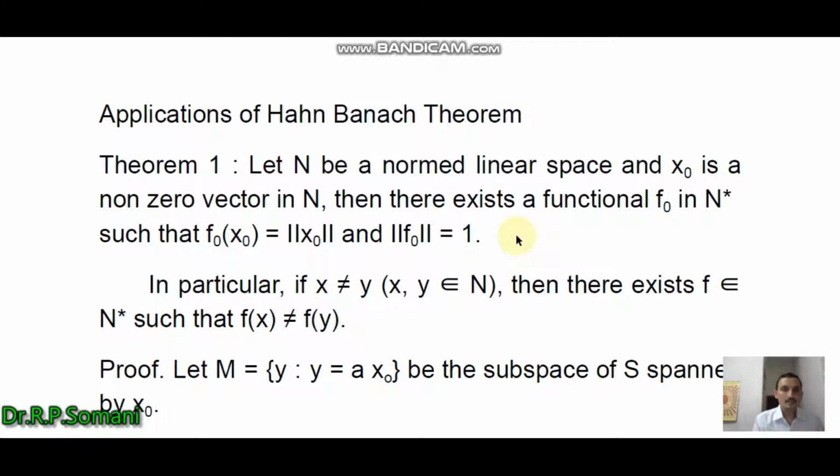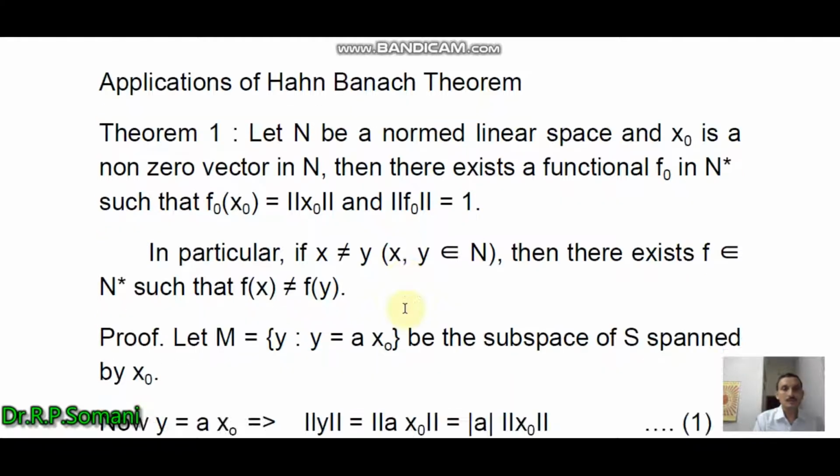In particular, if x is not equal to y and x, y belong to N, then there exists a functional f belonging to N star such that f(x) is not equal to f(y). So with the help of the Hahn-Banach theorem, we will search for such a linear functional satisfying these conditions.